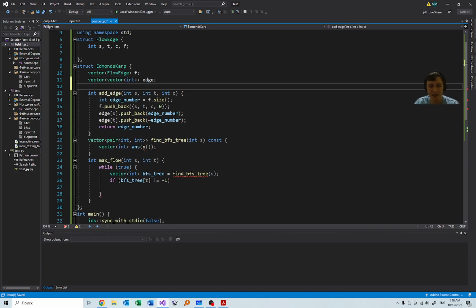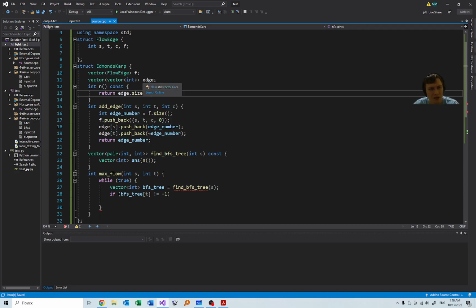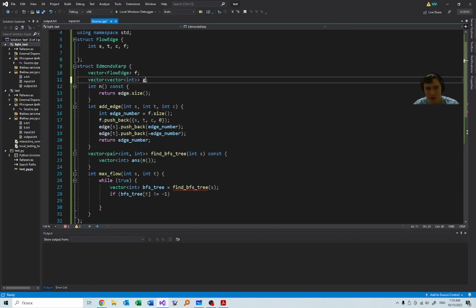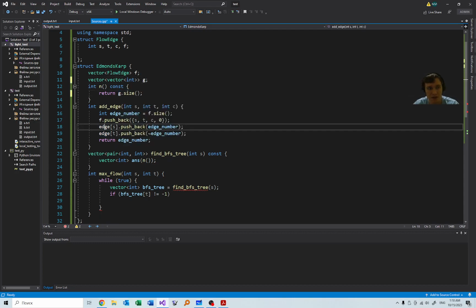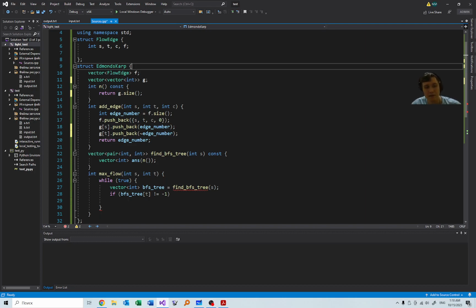So here I say int n const return edge. Why is it called edge? It should be called G, for example. It's just the adjacency lists. So find BFS tree.